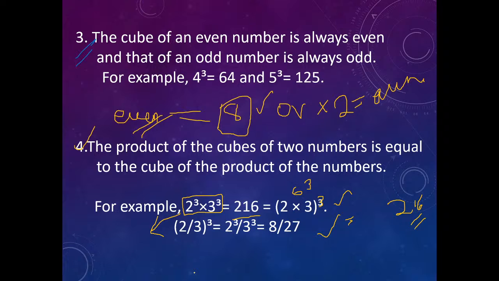No need to do all these calculations. It can be done in both ways. Even though you do it in both ways, you will get the same answer. Okay, students. Both are the same only. I think this is clear to all of you.